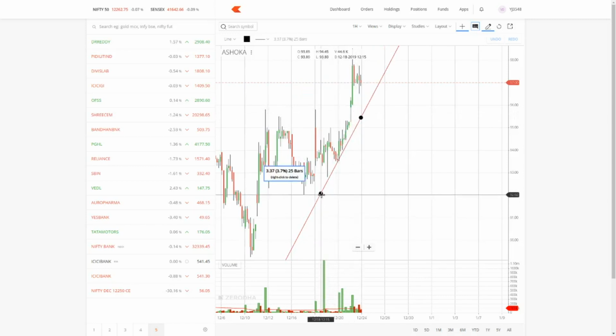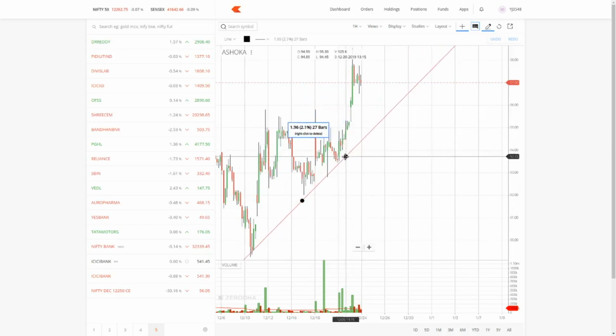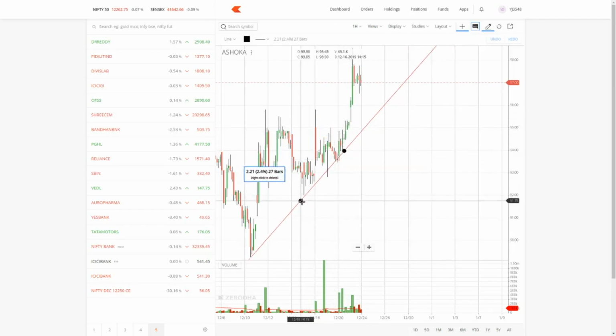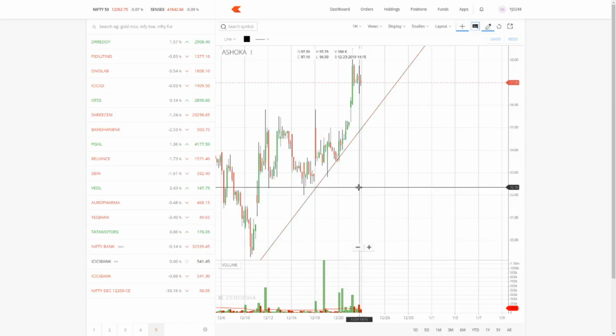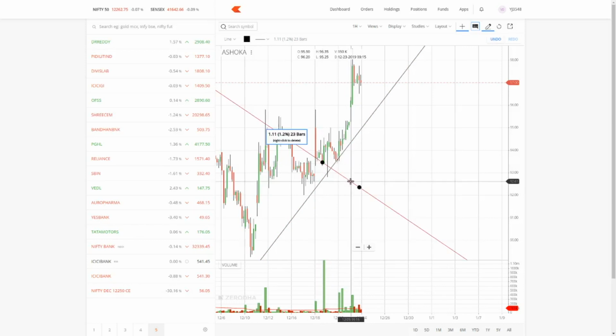It's something like this. Depending upon how many 10 candles are here, somewhere from this point to this point, a trend line is being formed. So this again forms a bullish trend line.